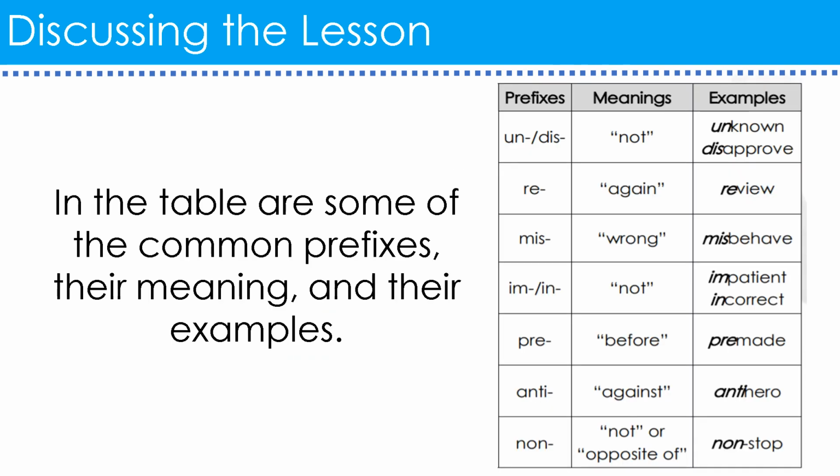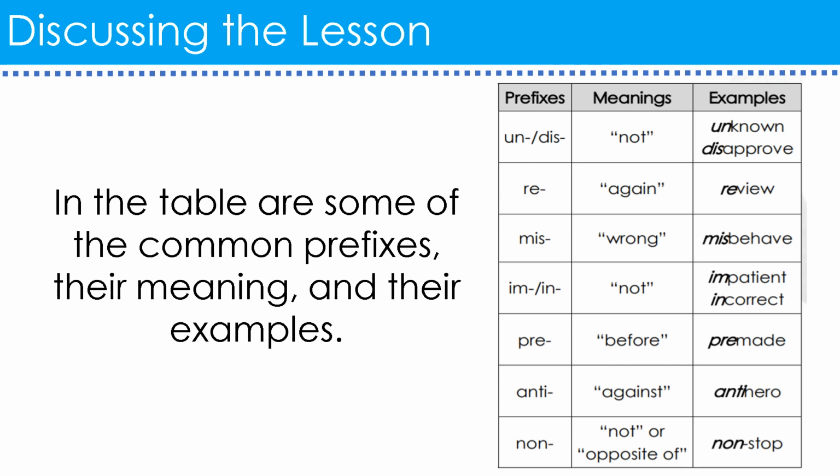Okay, so I have this table and some of the common prefixes, their meanings, and their examples. So, ito yung mga kalimitan na ginagamit na mga unlapi, meaning to say, ito yung mga idinuduktong sa unahan. Okay, so we have this, babasahin ko muna yung mga prefix. We have the an or dis, re, mis, im or in, pre, anti, or non.